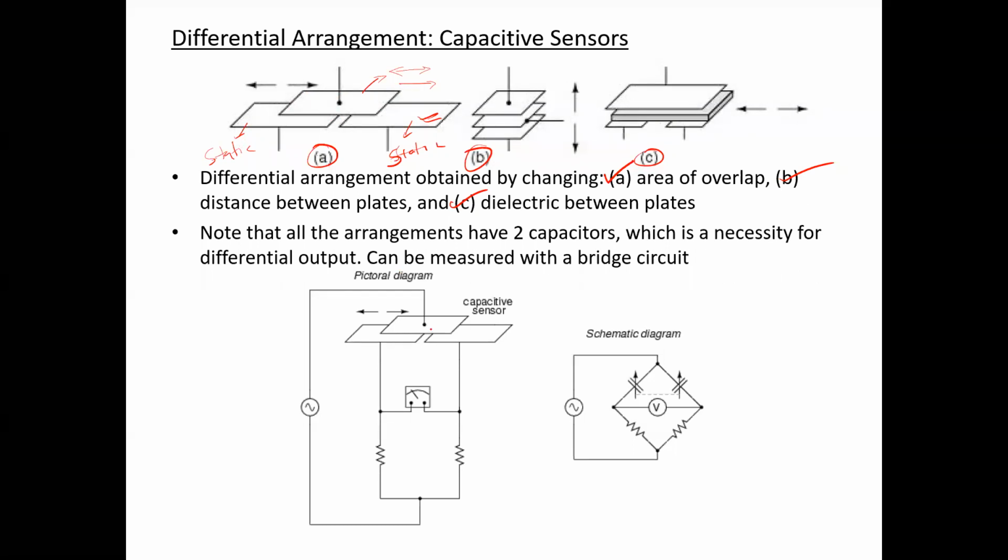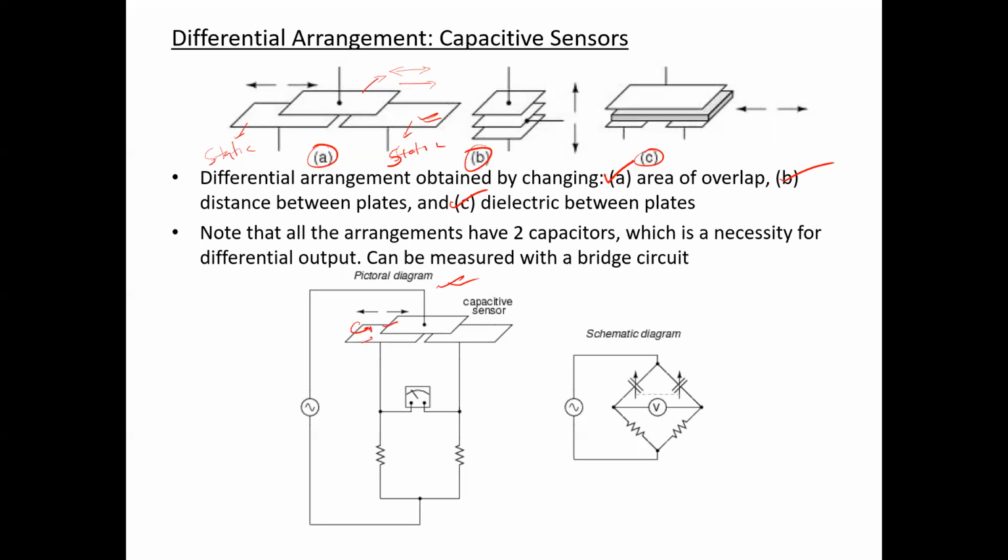Now for this sort of differential arrangement of a capacitive transducer, the use of an AC bridge circuit might be useful. If the differential arrangement of the capacitor is connected in this way in an AC bridge circuit, there would be a capacitance between the upper plate and this fixed plate.